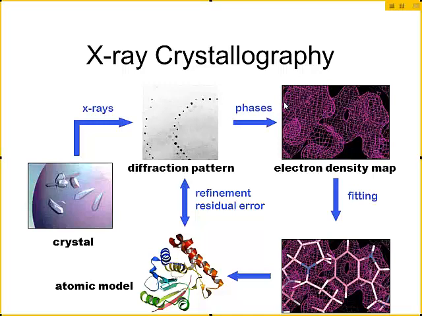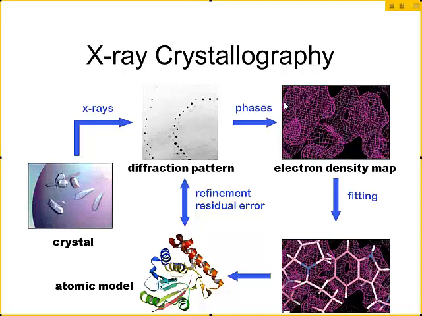Now, what the experimentalist does is they take this structure and they will calculate a predicted diffraction pattern. And they compare that predicted diffraction pattern to the experimental pattern, and that gives them a sense of residual error. How well does my structure fit the diffraction pattern? How much of the data am I fitting?